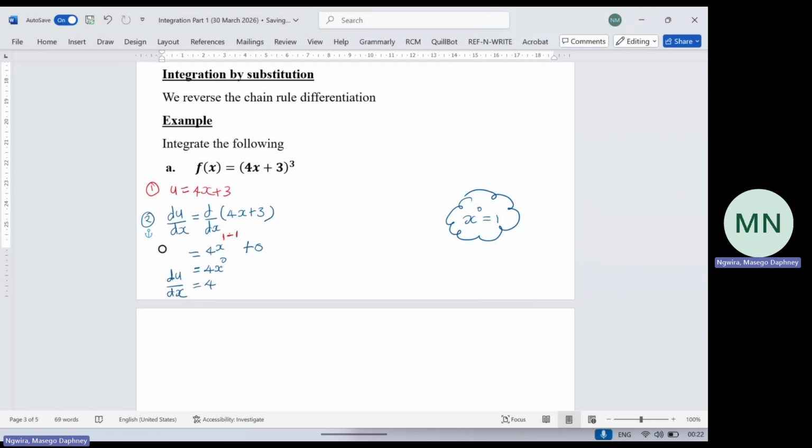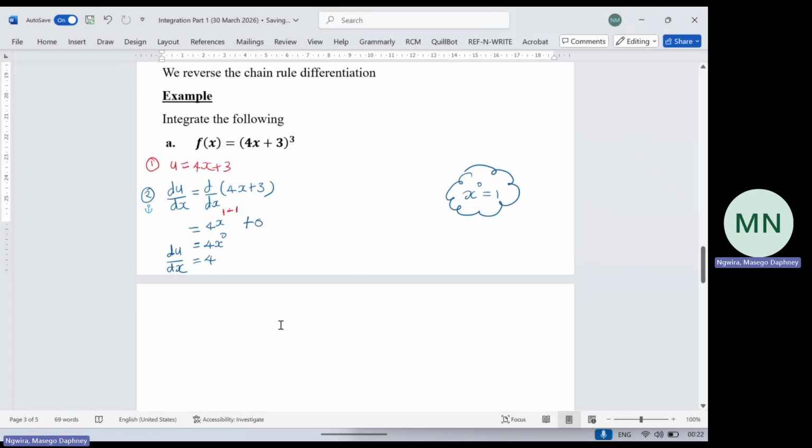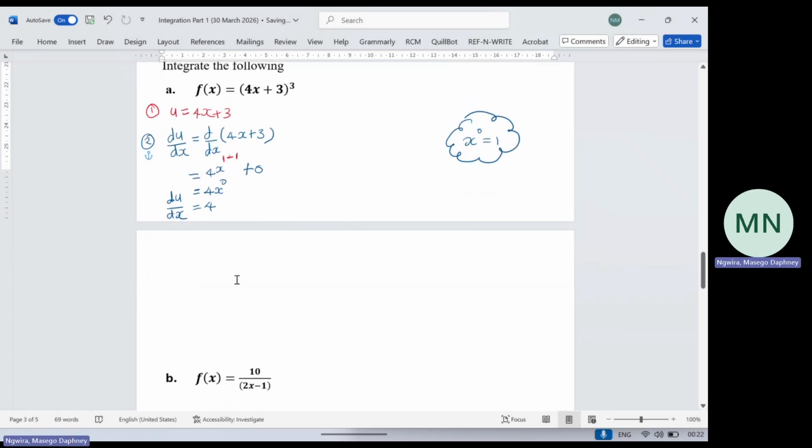From this, we are going to swap these two. Please note that we do this. You are allowed to swap 4 and x.